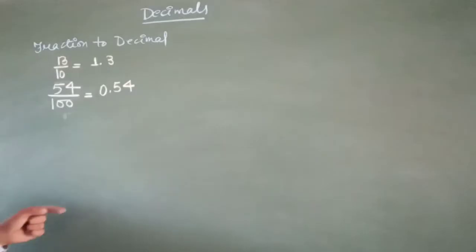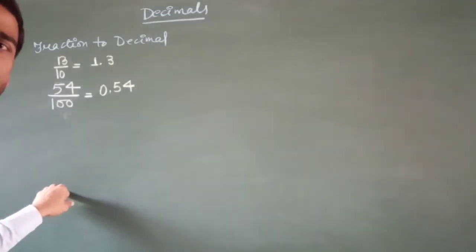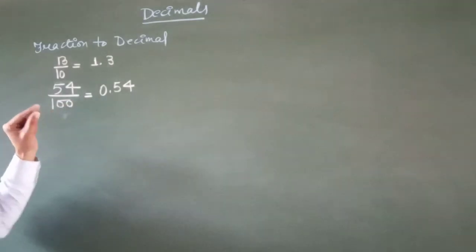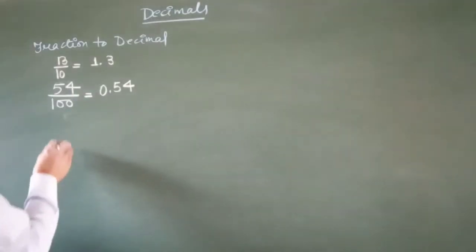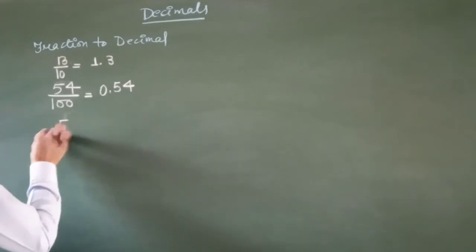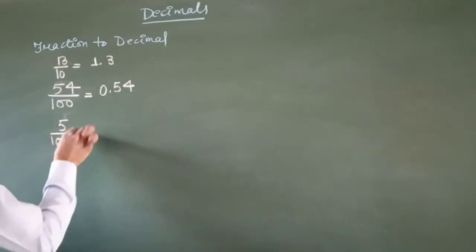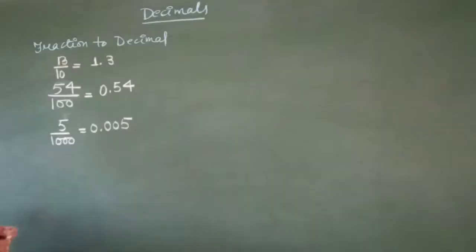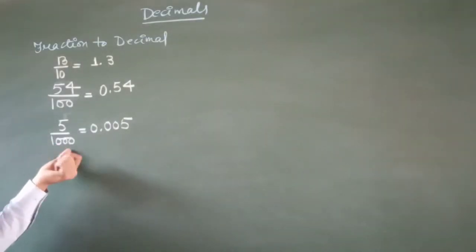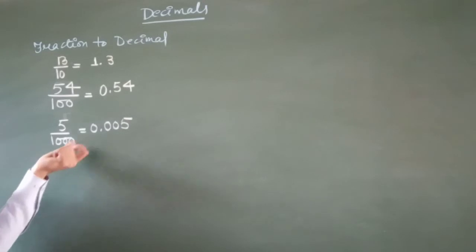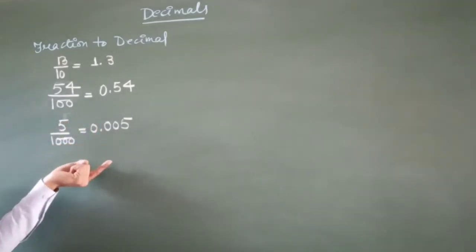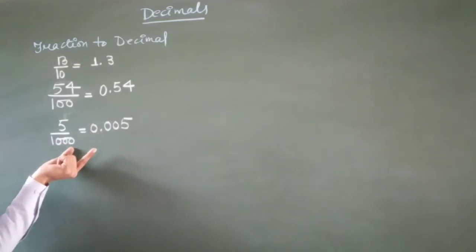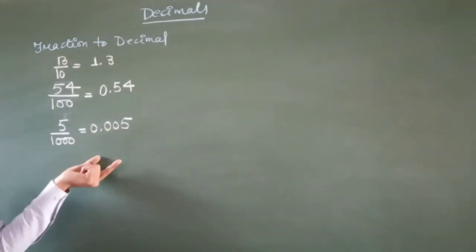We place the decimal before 2 digits because the number of zeros is 2. And now the next example is 5 upon 1000, and that will be 0.005, because we count the number of zeros, and there are 3 zeros, so we place the decimal before 3 digits.